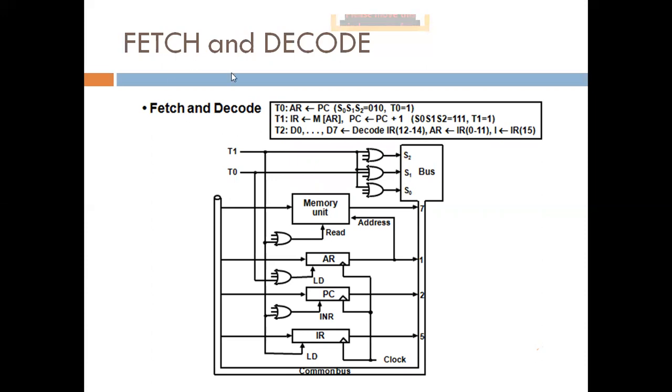Now the second step, at the time of T1 pulse, from the memory, go to the address stored in the AR, take the data from that particular place, and load that data into the IR through the common bus.